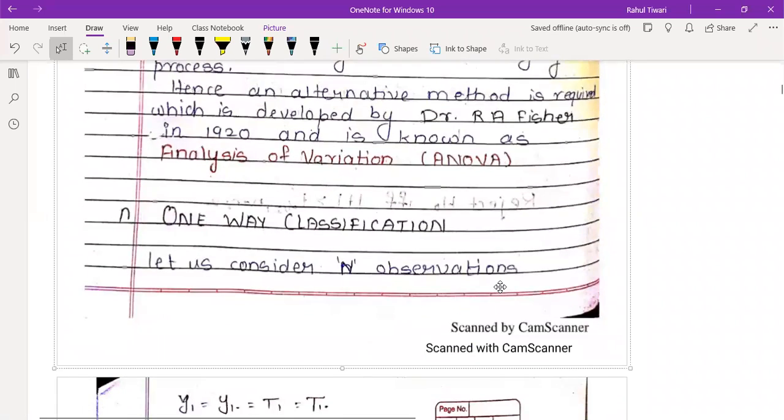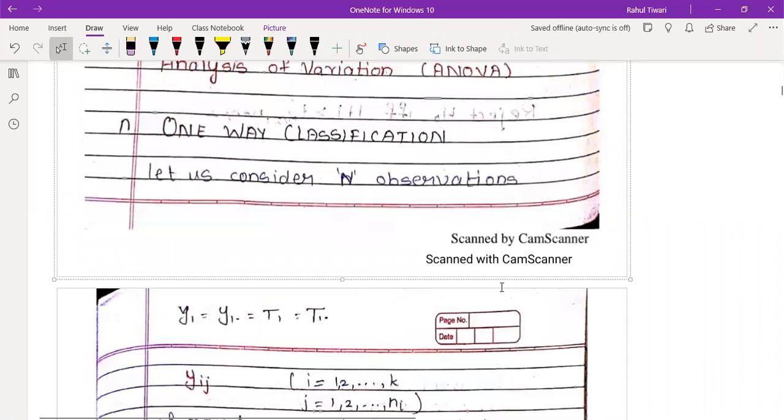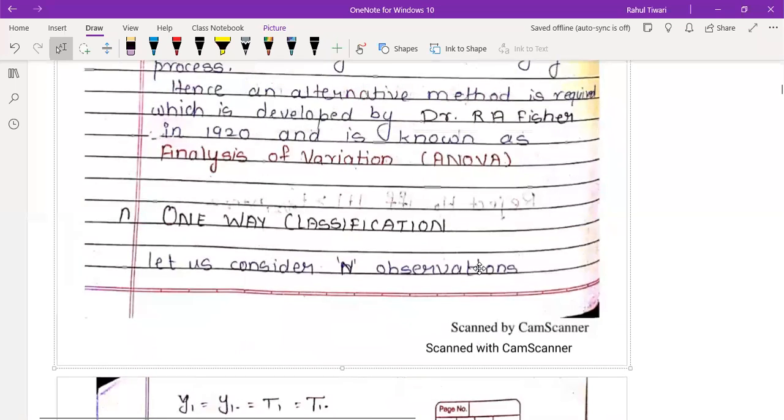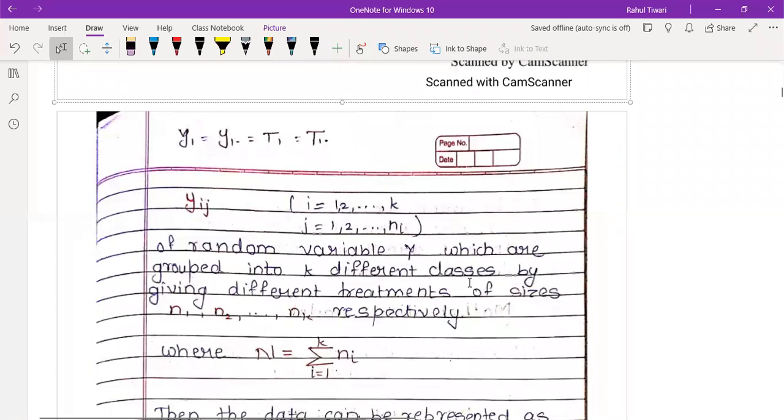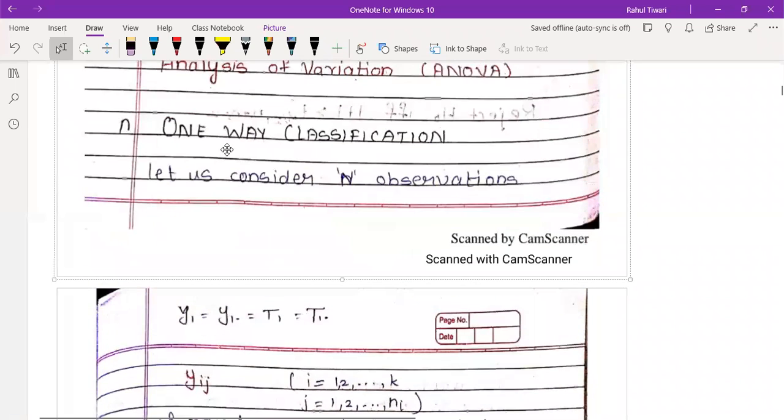Now under this category, you may have a lot of things. If I talk about one way, it means I have one factor, let's call it the teaching method.